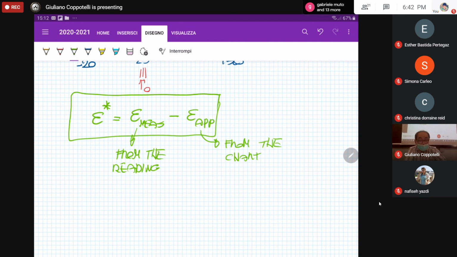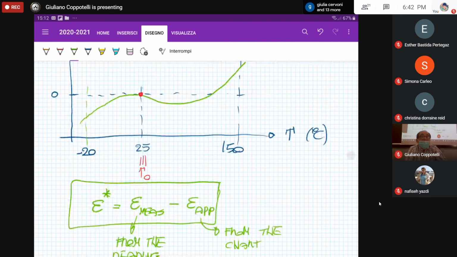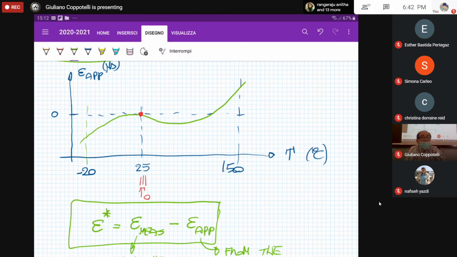So the strain gauge and the material could do whatever they like. Then the manufacturer is telling you what's happening when your operating temperature is different with respect to the reference one. Which is the reference one? You can read it straight from this chart.